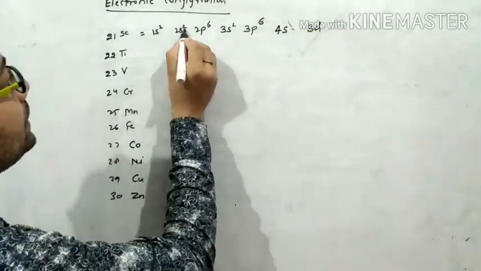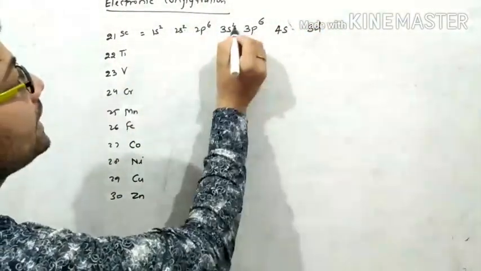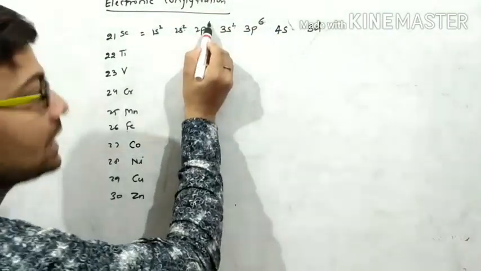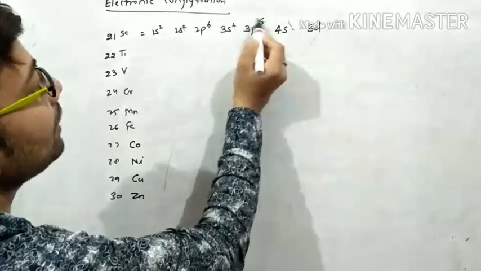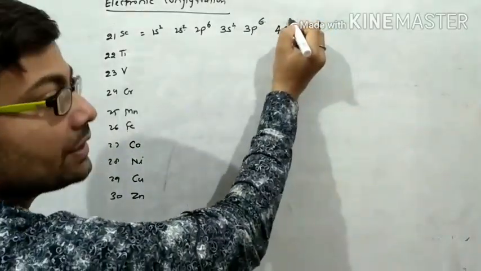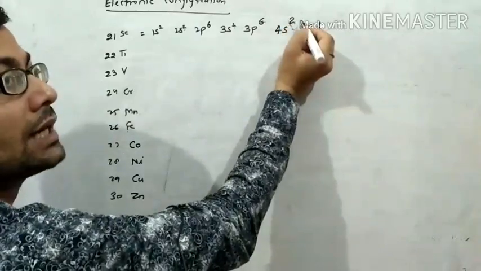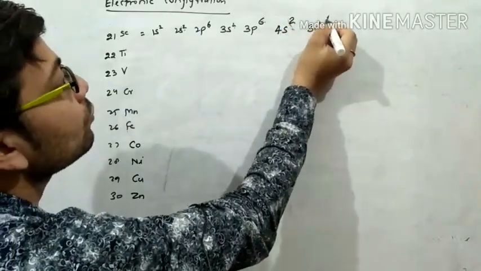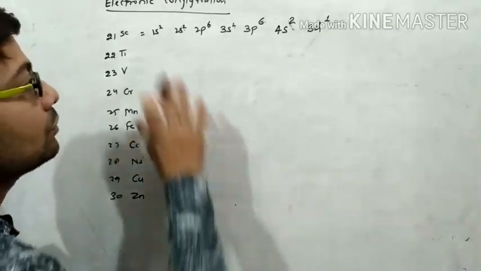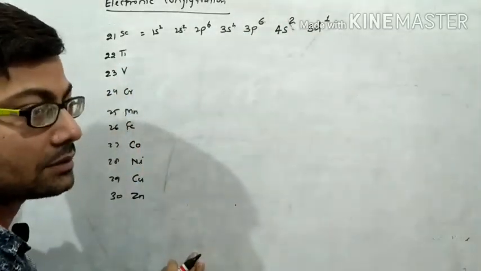So 1s2, 2s2, 2p6, 3s2, 3p6, that is 2 plus 6, 10 electrons, 10 plus 2, 12, and 6, 18, then 18 plus 2, that is 20, and then 1. This is the right way to fill the atomic orbitals.